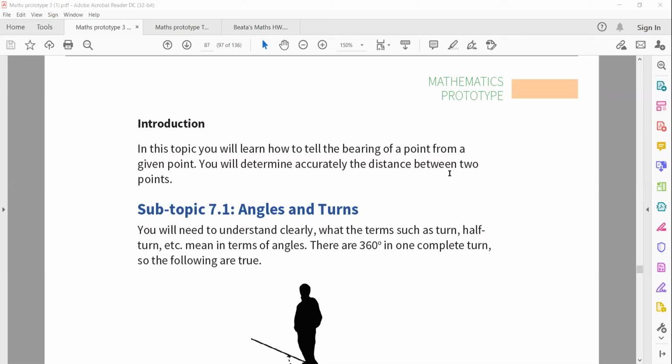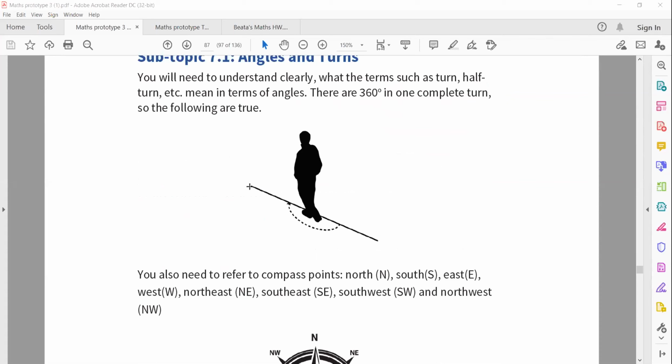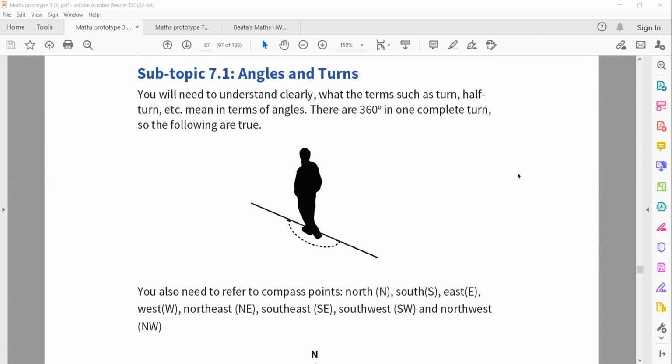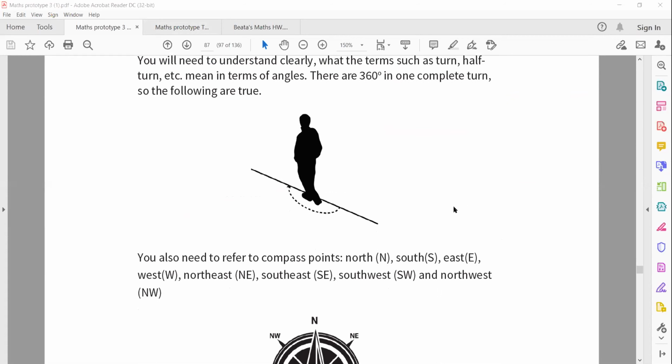Here we are saying that if it is one complete turn, if you are standing like this person is standing, and this person is able to move round himself or herself, then there is what we call a complete turn, and that complete turn has 360 degrees. In other words, it is a circle.